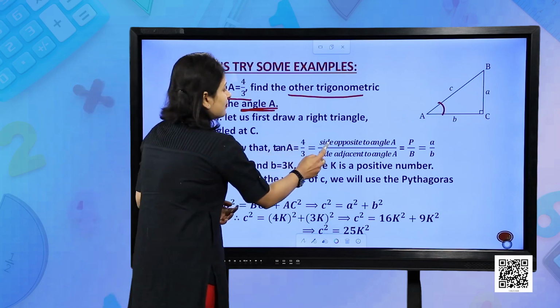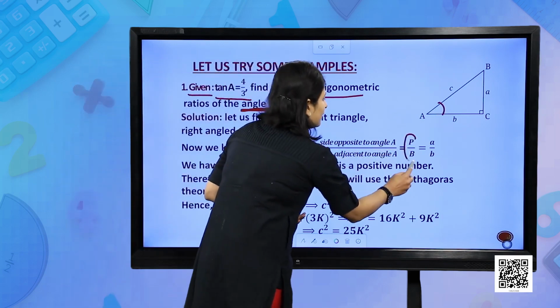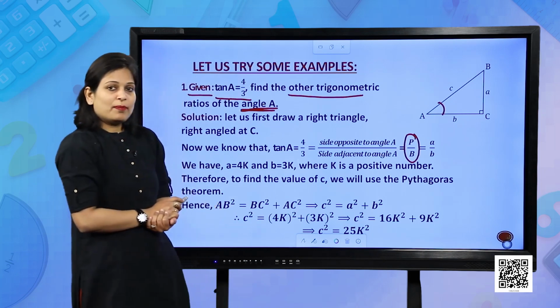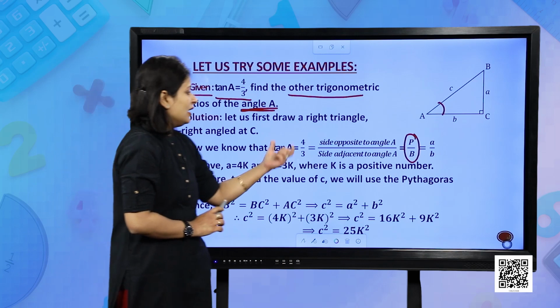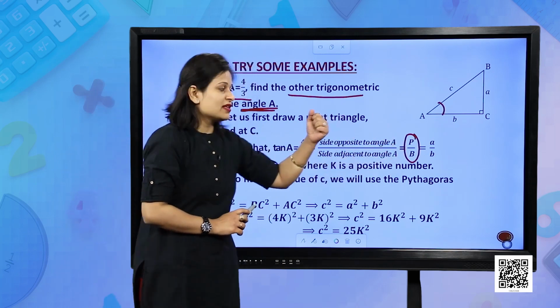Now 4 means, since it is perpendicular upon base, according to the definition of the tangent function, tan A is perpendicular upon base.